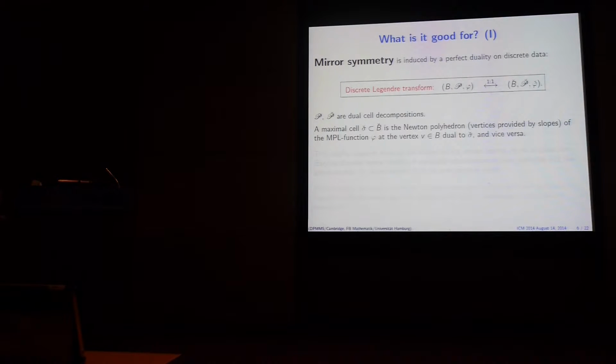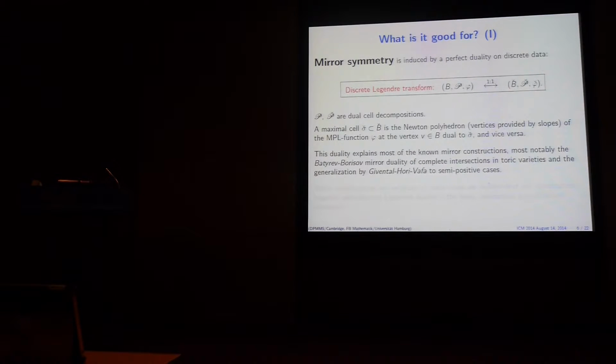This duality explains most of the known mirror constructions, most notably the largest class of mirror constructions given by complete intersections in toric varieties due to Batyrev and Borisov, or its generalization by Gross-Siebert to somewhat positive cases.